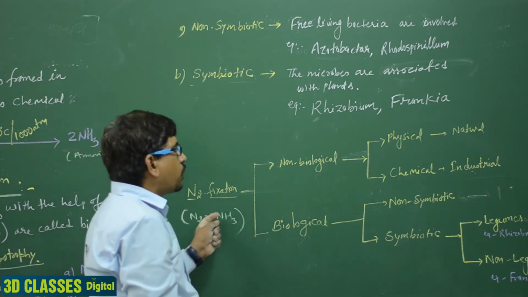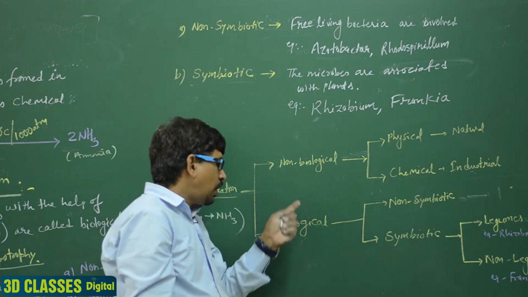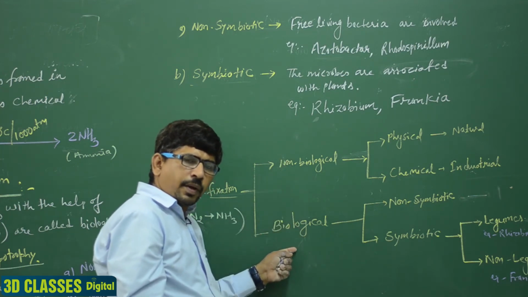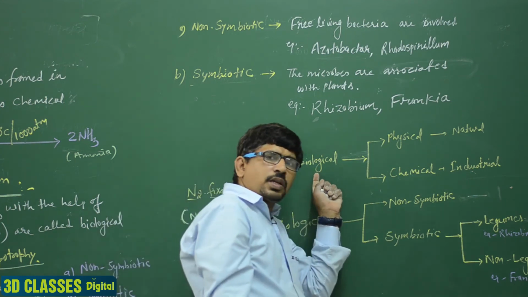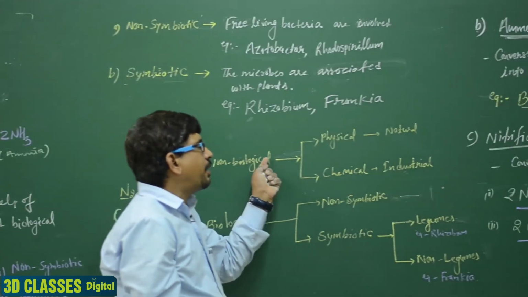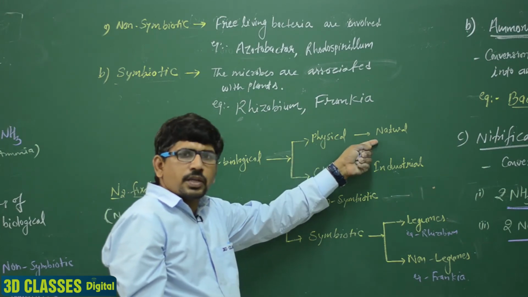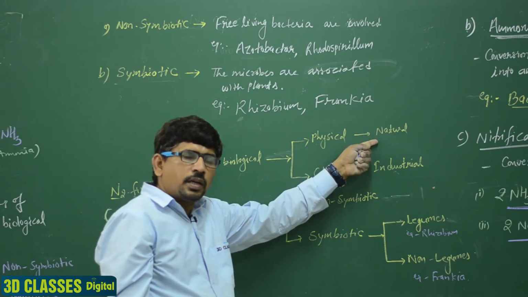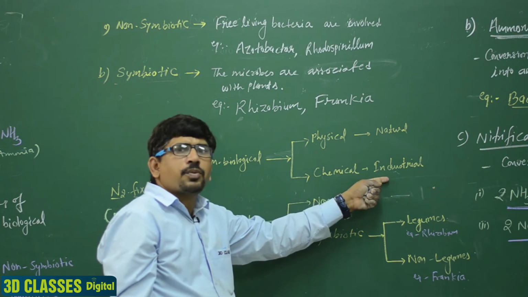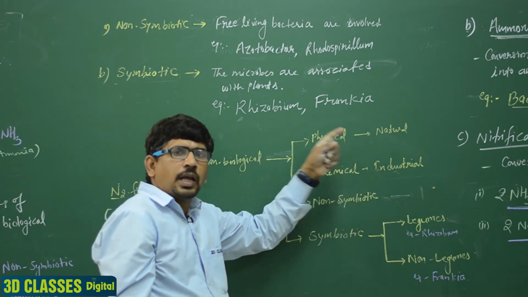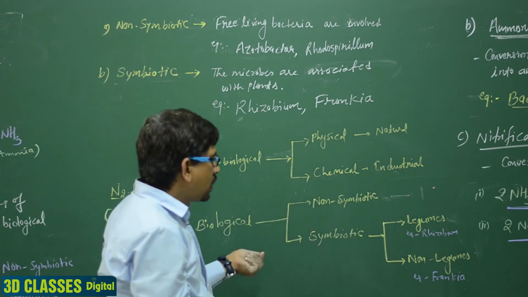The process is of two types, non-biological and biological. Non-biological means living beings are absent; biological means microbes are present. Non-biological, or abiological, is again of two types, physical and chemical. Physical is by natural processes, lightning and thunder, and chemical is the industrial process, artificial, in lab conditions and industry.